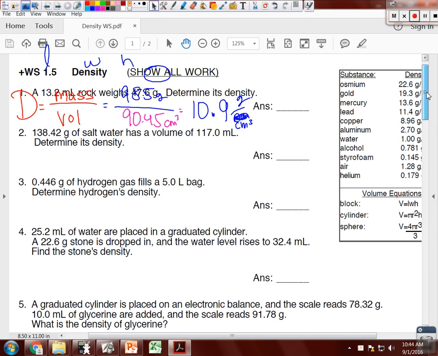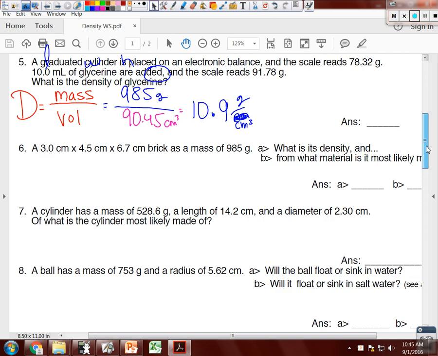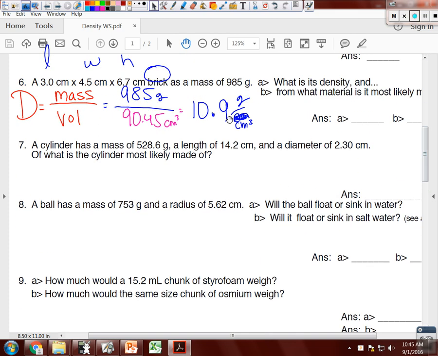If we scroll back up, what substance has a density close to 10.9? Lead. It's going to be the closest. Due to some rounding errors, that is why we're not closer to 11, because we are using significant figures, but it is close enough. I would like for it to be a lot closer, but it is what it is. So the answer for A is 10.9. The answer for B is lead.